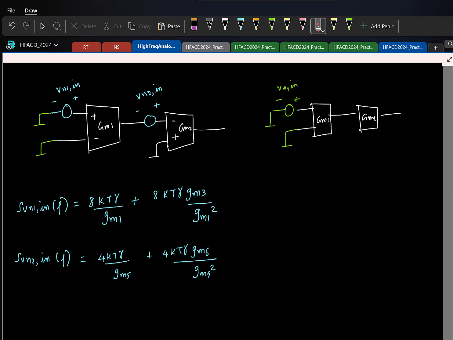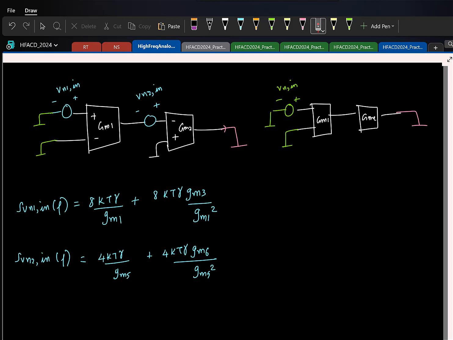So I want to model this overall noise generated with one single voltage source. Again, you can do the same old thing. You can find the short circuit current here, find the power spectral density of the current divided by the transfer function from here to here. But let's try to get it qualitatively, right?